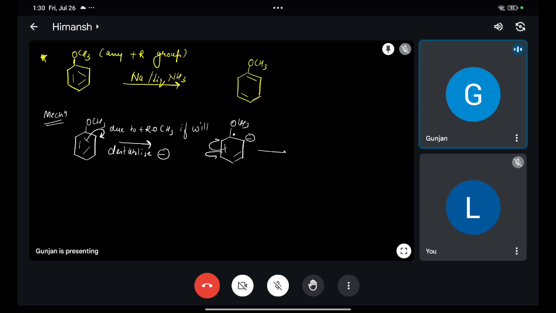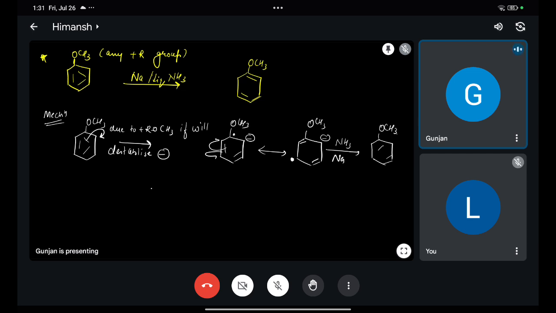Again you will split it now and you will get a radical over here, bond over here, OCH3 over here, NH3, and Na will attack now. Na will make a negative over here and NH3 will supply proton and you will get this alkene now.